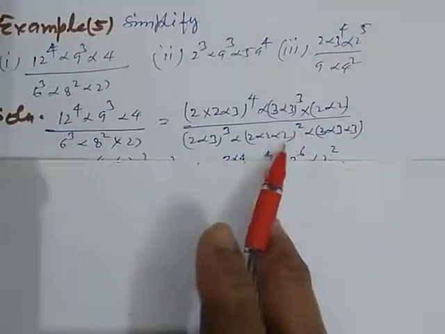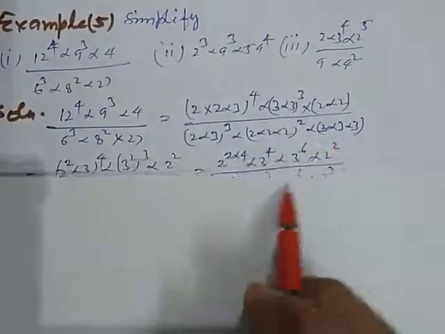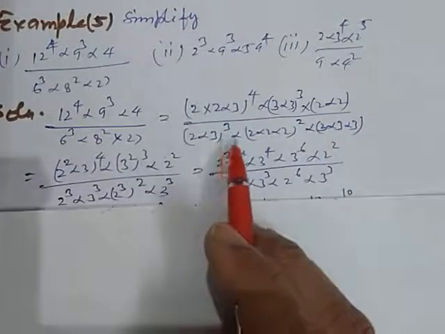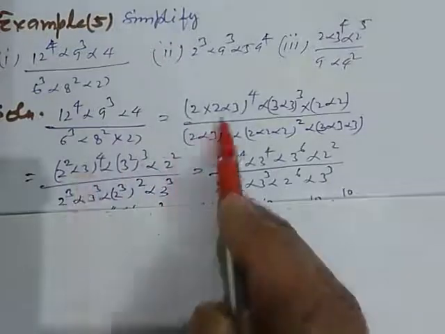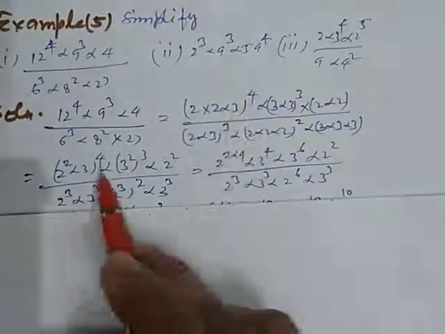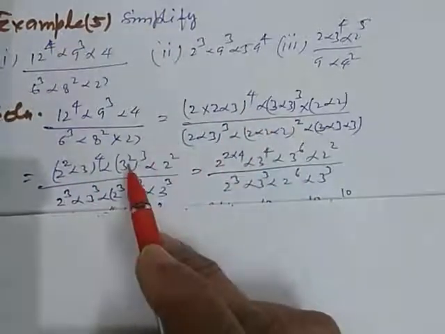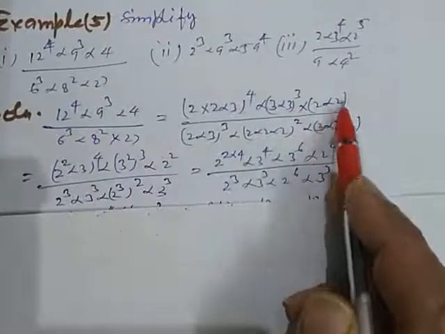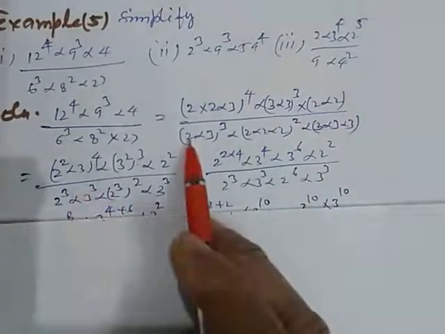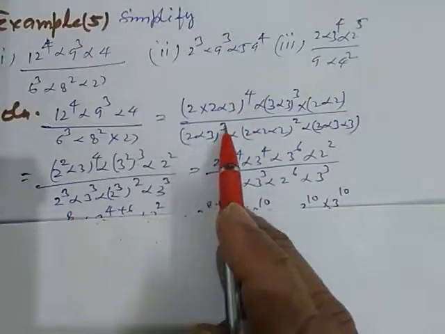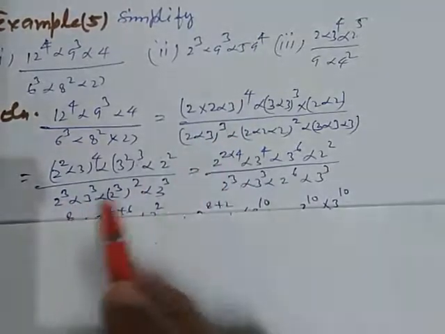So we factorize them. Now next part, 2 and 2, this is 2 square into 3, whole power 4, and this 3 into 3, 3 square whole cube, this 2 into 2, 2 square, this 2 into 3, we separate them. So 2 raised to the power 3 into 3 raised to the power 3.